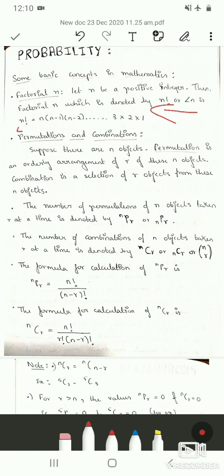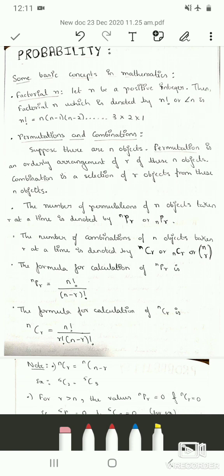Suppose you want to take the factorial of 5. Here n is nothing but 5. So the first term is n, which is 5, into n minus 1, which is 4, into 5 minus 2, which is 3, into 2 into 1. When you multiply all these terms, you will get 5 factorial.